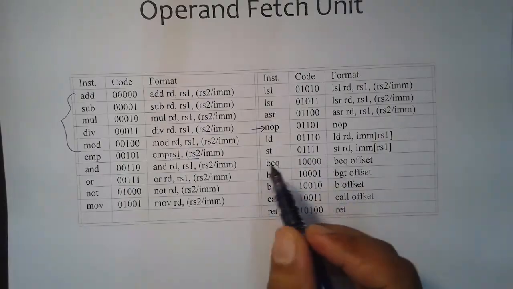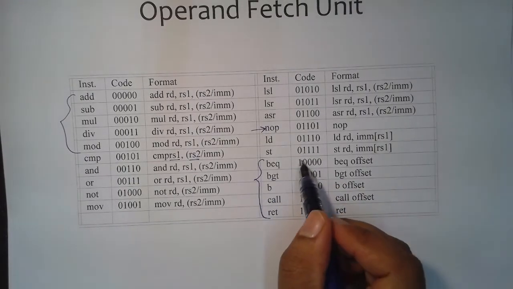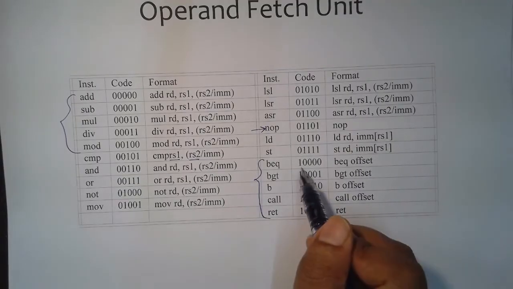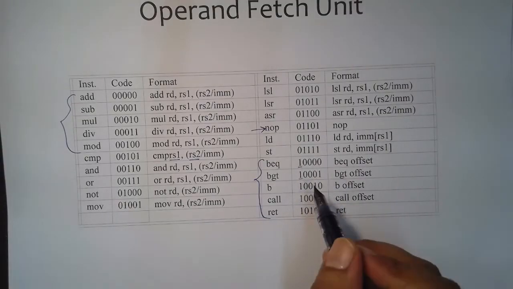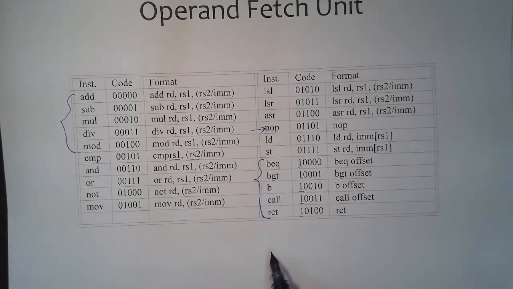Then there is the branch instruction. All the branch instructions, which we have also highlighted earlier, start with 1. So, at the decoding stage it becomes very easy. If you see that the most significant bit out of those 5 bits is 1, then you know that it is a branch instruction. So, you can very quickly decode it, alright.